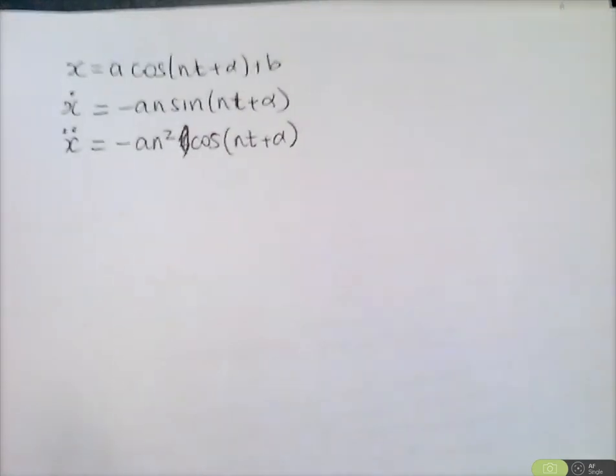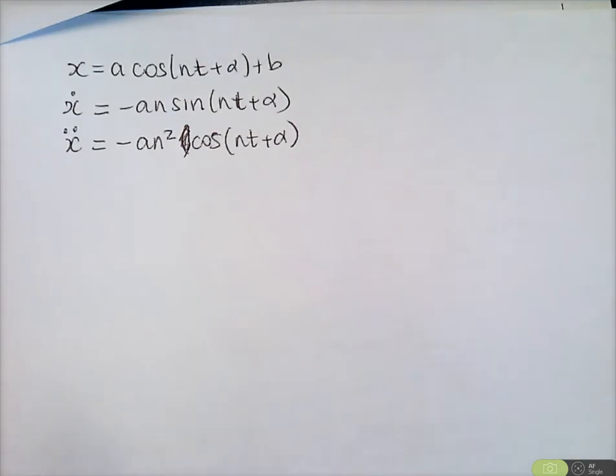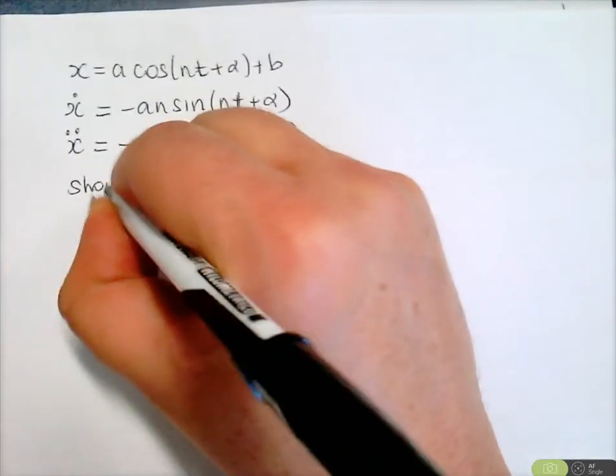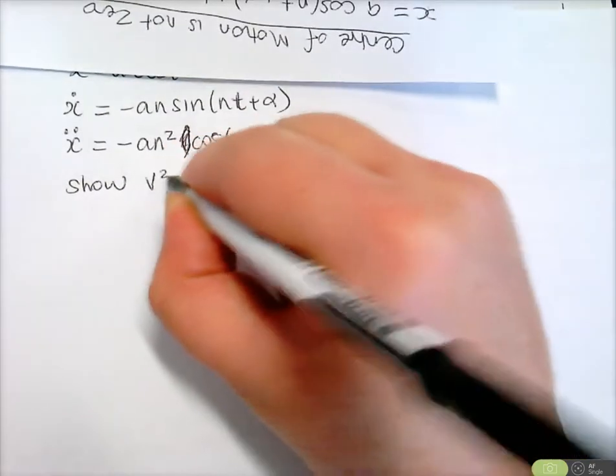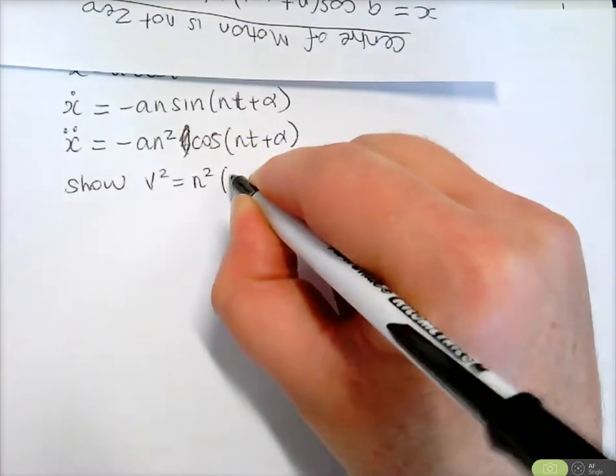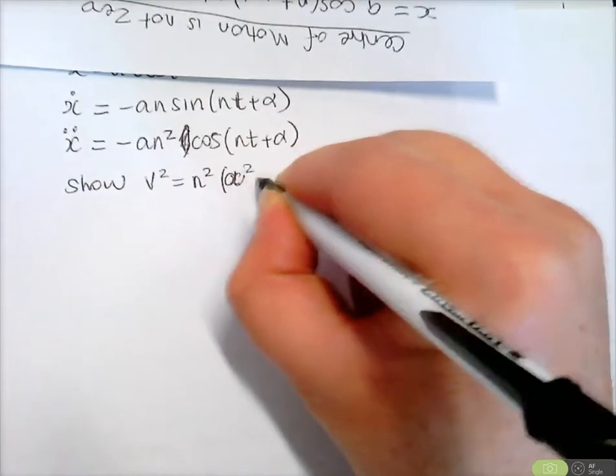So we've worked those out. The results that you can be asked to prove are a equals negative n squared x minus b. The other thing that you can be asked to do is to show that v squared equals n squared, a squared minus x squared.